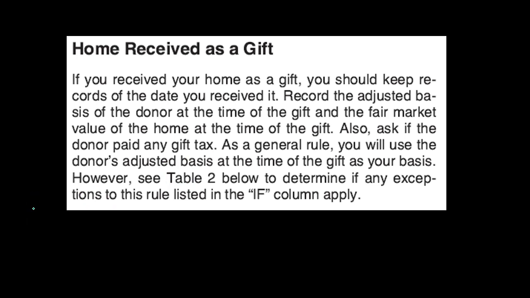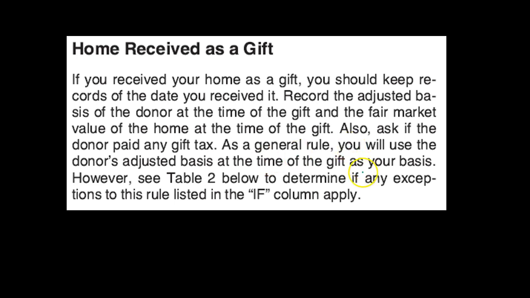Back to the text. Home received as a gift. If you received your home as a gift, you should keep records of the date you received it. Record the adjusted basis of the donor at the time of the gift and the fair market value of the home at the time of the gift. Also, ask if the donor paid any gift tax. As a general rule, you will use the donor's adjusted basis at the time of the gift as your basis.